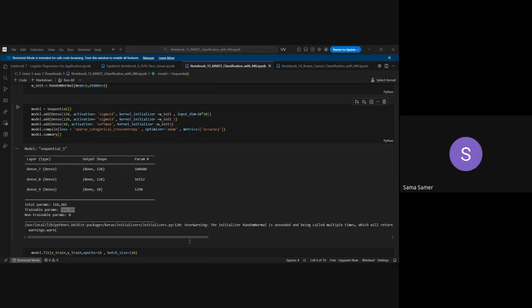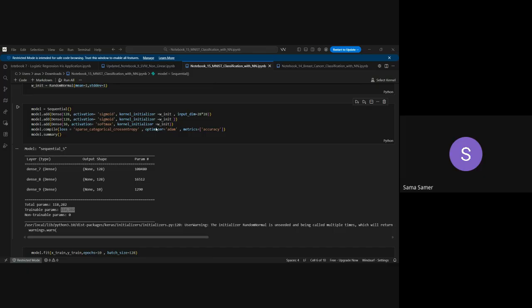Okay, for defining how many layers we should have, this is according to your problem and according to your features. Determining the number of dense layers will be according to your data set.